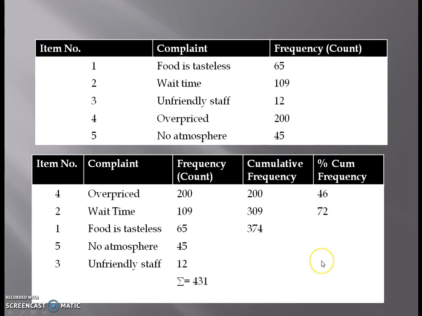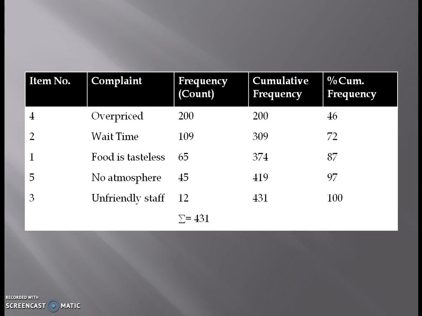And you work until you finish each item. Your finished table should look like this. So now you can check and see if you've calculated the correct cumulative frequency and percentage cumulative frequency.